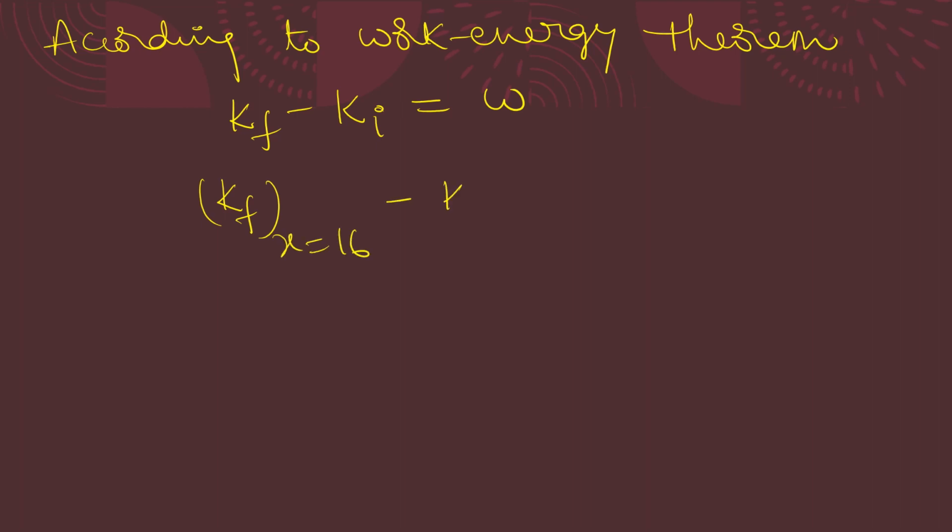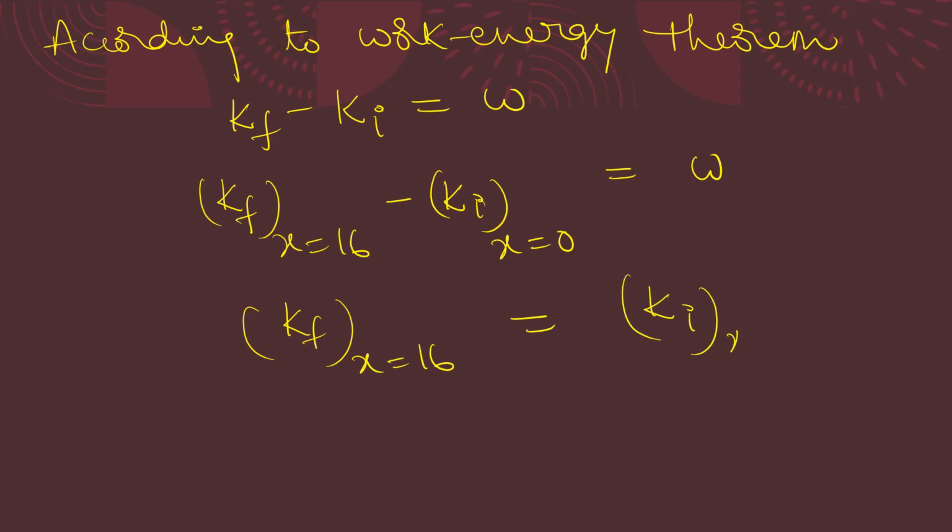According to the work energy theorem, final kinetic energy minus initial kinetic energy is equal to W. So kinetic energy at x equals 16 minus initial kinetic energy at x equals 0 is equal to W. This can be written as K at x equals 16 is equal to K at x equals 0 plus W, since K going to this side becomes plus, so that is 25 plus 20, which equals 45 joules.